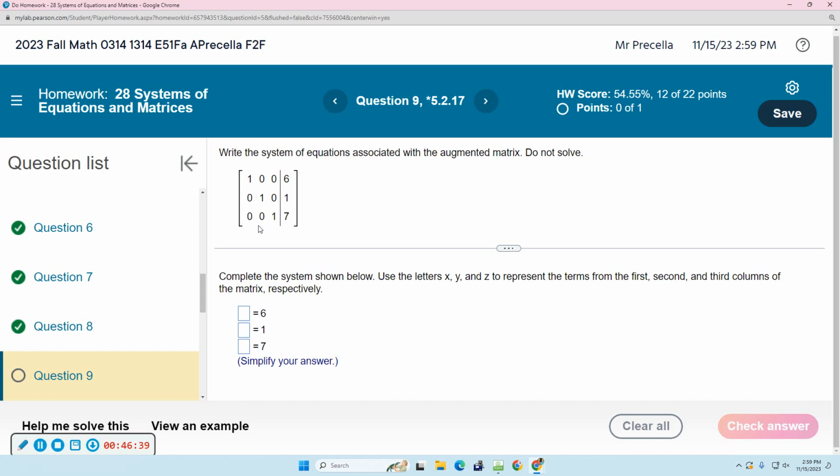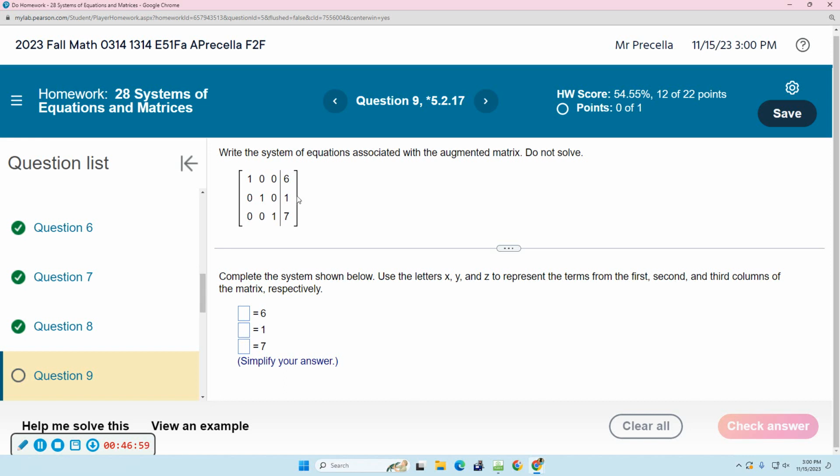It's not an easy, quick thing unless you're using a calculator to do it. But if you're going through it by hand, it's not easy. But we can use row reduction to get ones down the diagonal and zeros everywhere else. That's how you really want a matrix written.